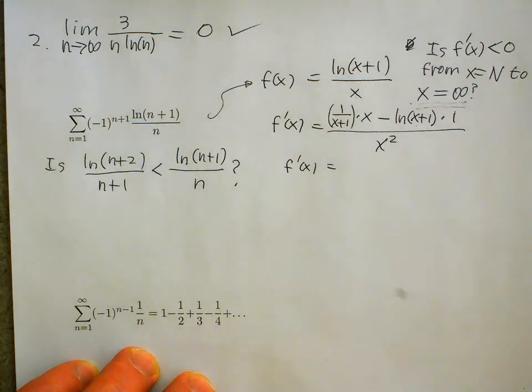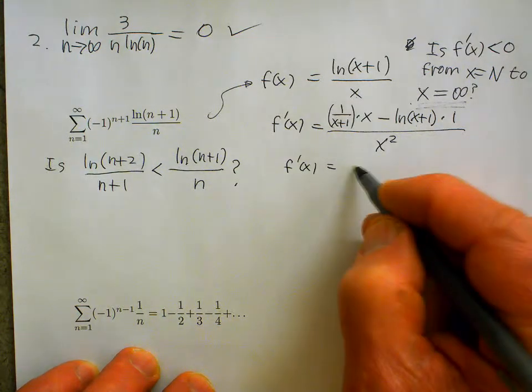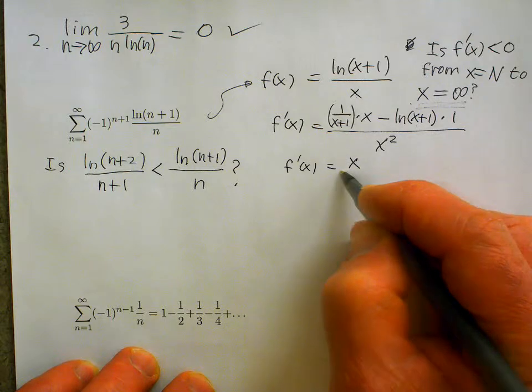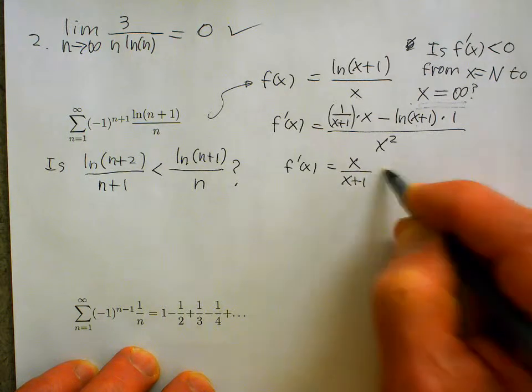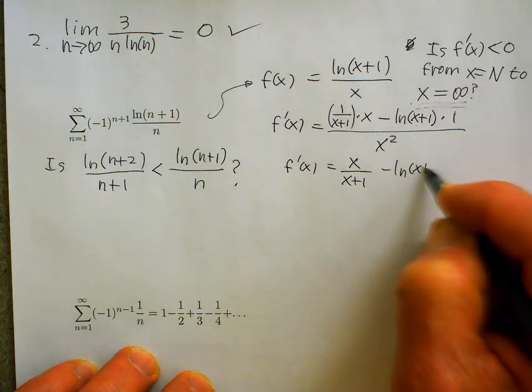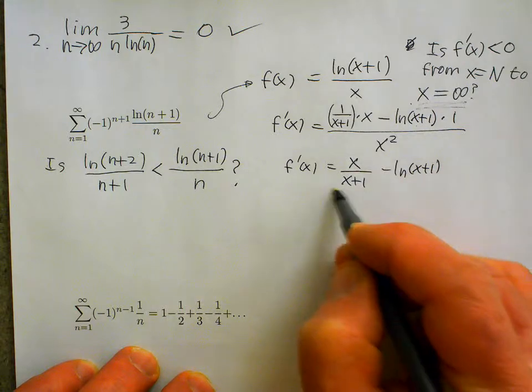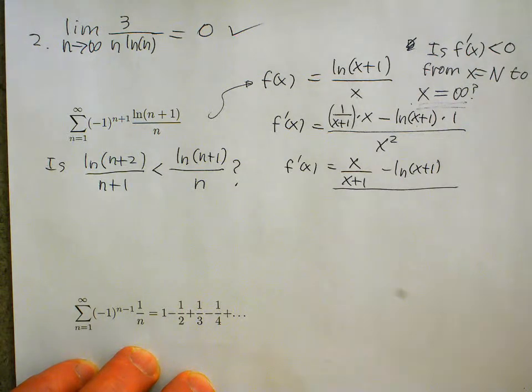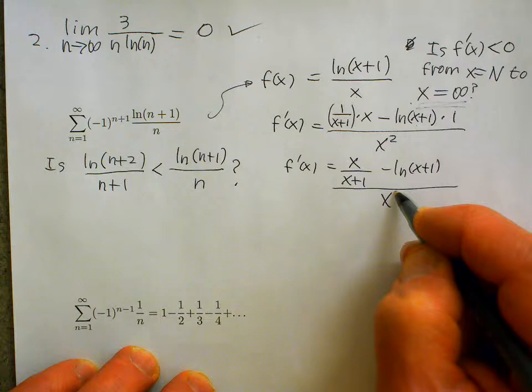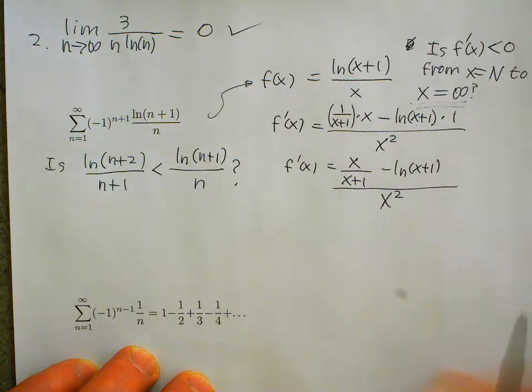So 1 over (x plus 1) times x, we write that as x over (x plus 1), minus the natural log of (x plus 1). And for x greater than 0, the denominator is always positive because it's x squared.